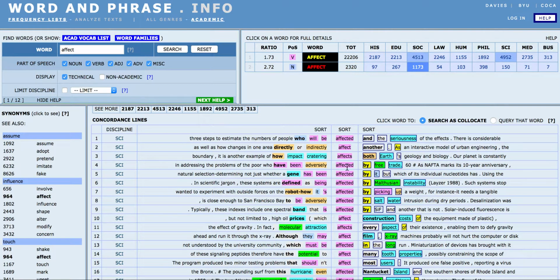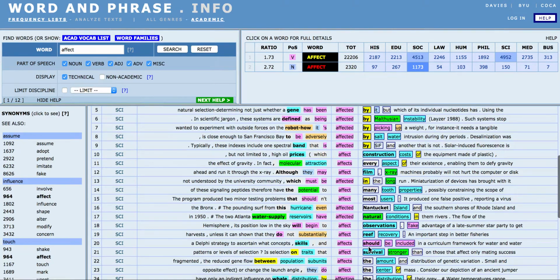We have quite a few affected by. Remember that yellow is prepositions in here. We also had affected in, another preposition. If, when we're looking at some of these, we see another word that interests us, such as potential, we can go ahead and click on that.